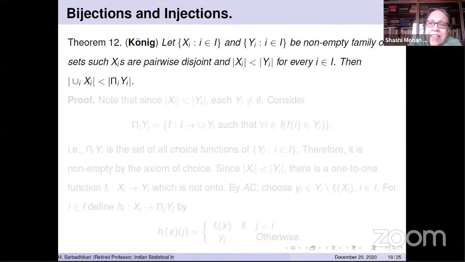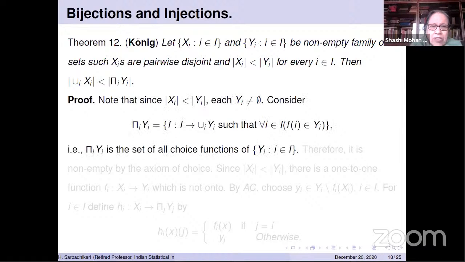And each Xi is smaller than the corresponding Yi, cardinality-wise. Then the cardinality of the union of Xi is strictly less than the cardinality of the product of Yi. This is okay for finite, infinite, doesn't matter. All right. And now this is a proof, some manipulation.